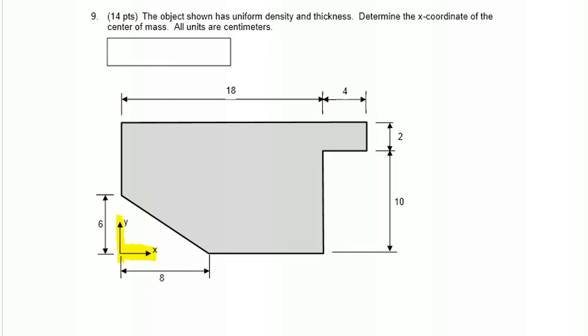We have to decide how to divide this complex object into simpler objects and then combine them. There are several ways of doing that. The way I'm going to choose to do it is to use this red rectangle that is 18 by 12.